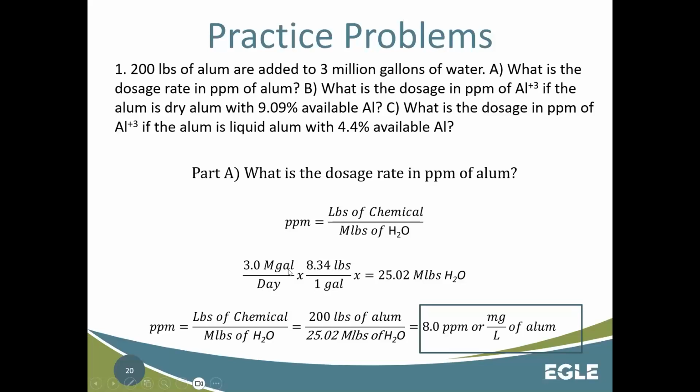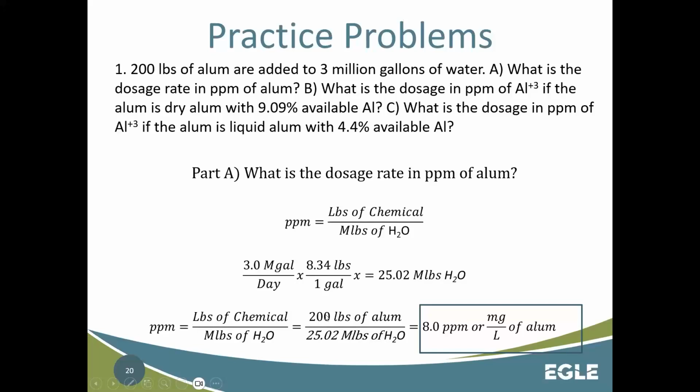So again, following our units here, we've got 3 million gallons times 8.34 pounds per gallon. Our gallons are going to cancel out, and we're going to end up with 25.02 million pounds of water. We just discussed that ppm is the pounds of chemical over the million pounds of water. We know that we have 200 pounds of alum, and we just calculated our million pounds of H2O.